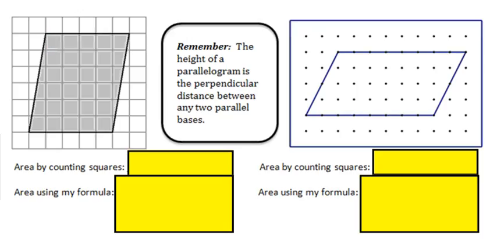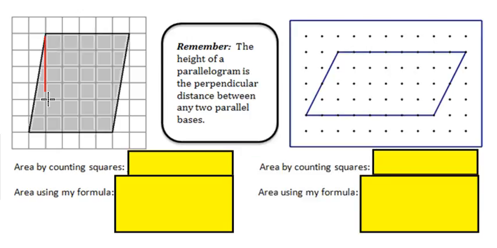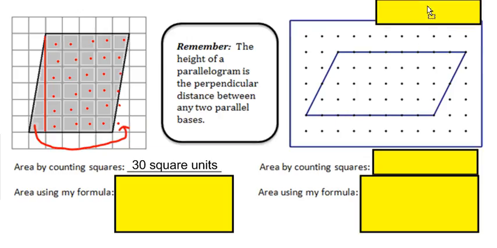If I were to take this triangle here and tuck it in this space here, then I could count. So let me count the squares. 1, 2, 3, 4, 5, 6, 7, 8, 9, 10. Remember, we're pretending this is filled in. 11, 12, 13, 14, 15, 16, 17, 18, 19, 20, 21, 22, 23, 24, 25, 26, 27, 28, 29, 30. So when I counted, I had 30 square units.